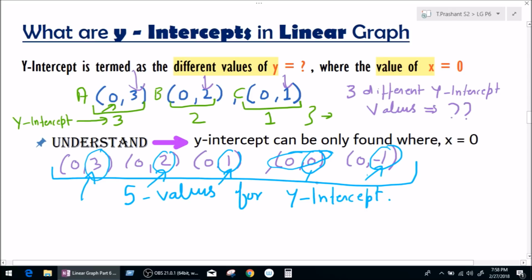So we have 5 values for y-intercept. You know why? Because at every coordinate we have a different value of y, which gives us 5 different values for y-intercept. It means the more coordinates we have, the more values of y-intercept we will get. But make sure to pick a different value for y every time you pair it with x equals 0.